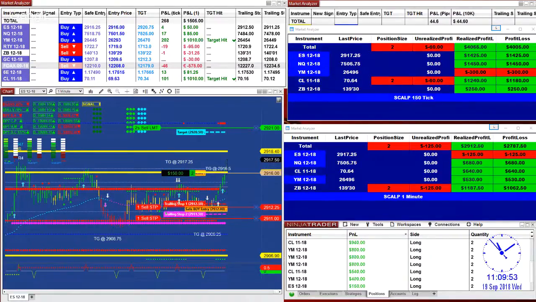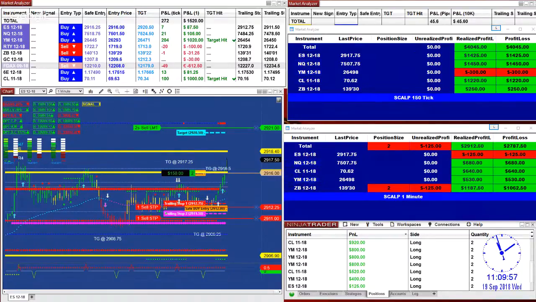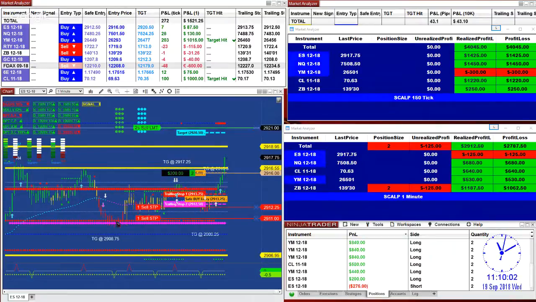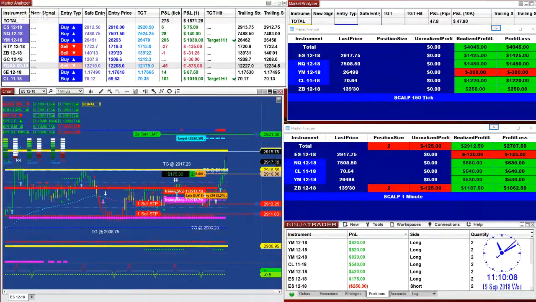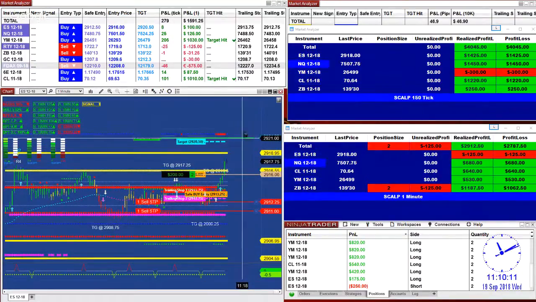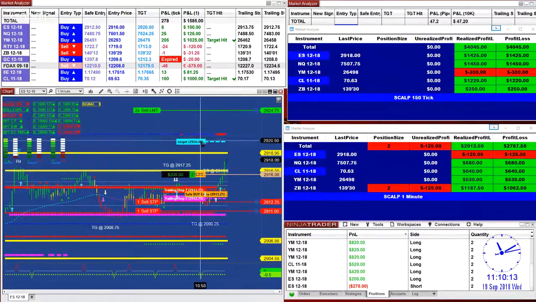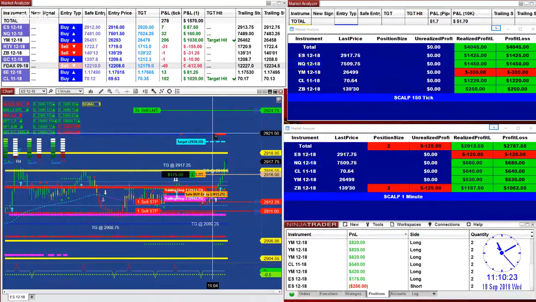And there we go. For the ones who are following us on the ES, you are already 175, and also on the Nasdaq you are already 150 based on one contract. If you are using the automated trade, you should be exiting at 2050. If you are happy with it, you can exit at 2050.